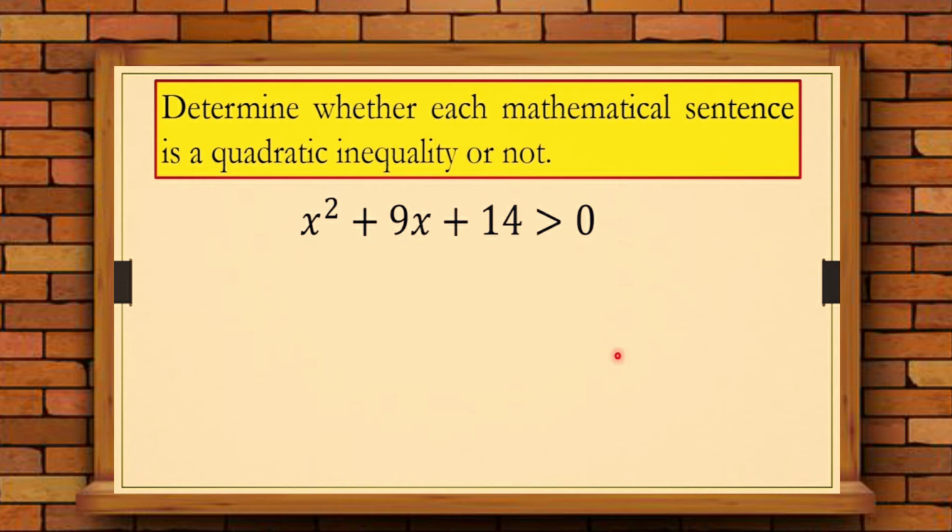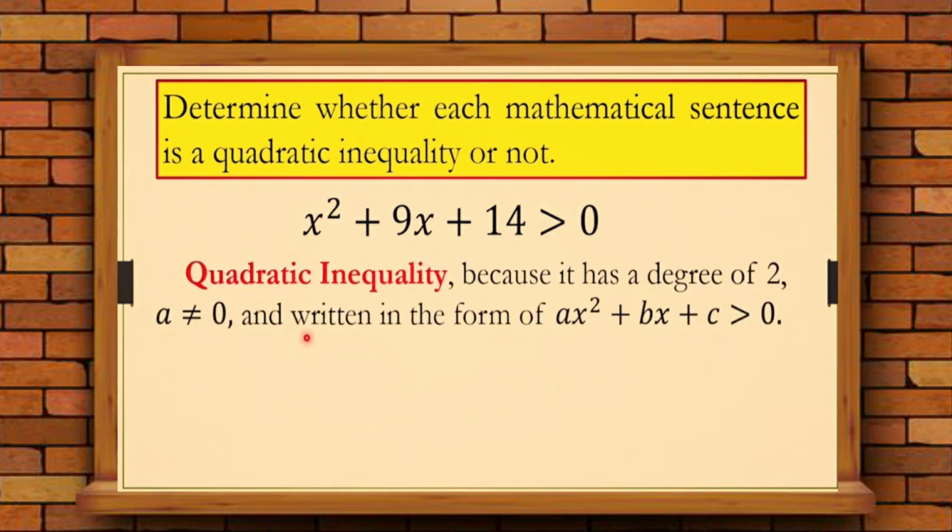Yes, because of the symbol and it is of the second degree. This is a quadratic inequality because it has a degree of 2 and our a is not equal to 0, and it is written in the form of greater than.